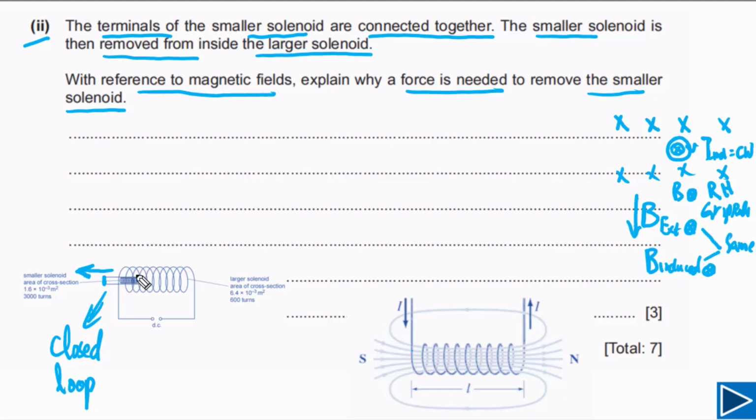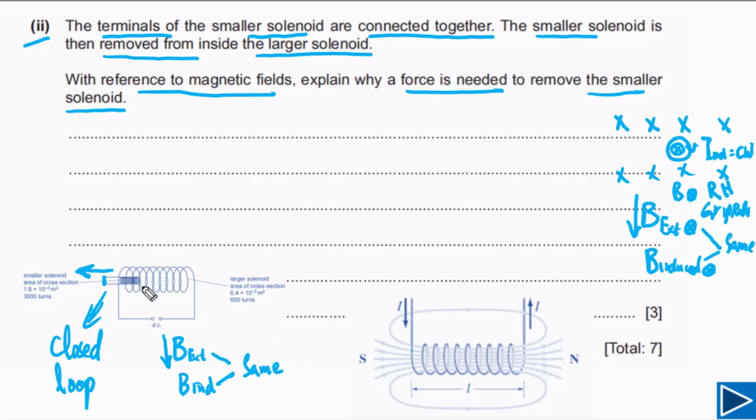As magnetic flux is decreasing in this smaller solenoid, I will write down here the B external inside the smaller solenoid as this one is decreasing. So the B induced and B external, they will be in the same direction, and the same point we have already discussed here. So they will be in the same direction.